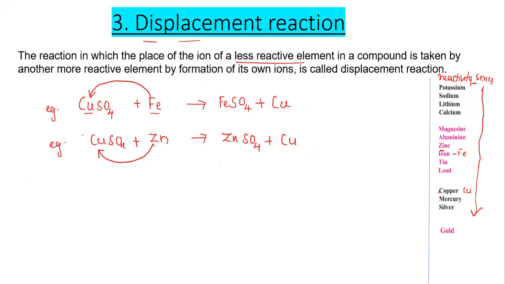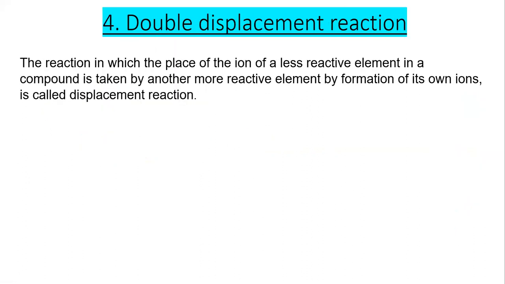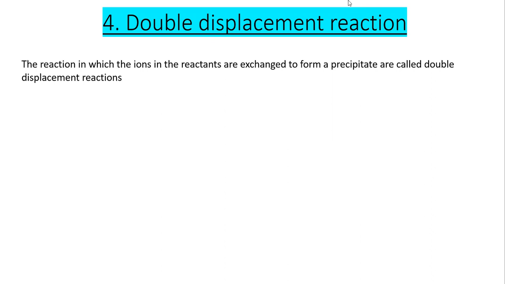Okay. Now, next one is here, exchange of ions will take place. At the same time, a precipitate will be formed in the product side. This reaction is called a double displacement reaction. For example, silver nitrate, AgNO3, it's an aqueous solution, plus sodium chloride.